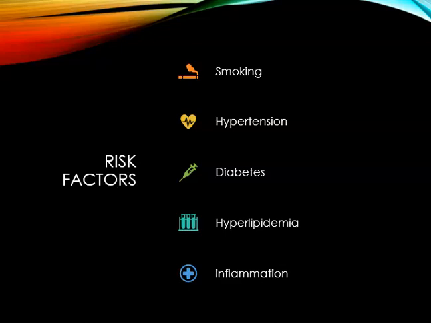So that means that if you're a male and you've had a heart attack at less than 55 years of age, then your children are going to be at higher risk. And the women that are at higher risk are the ones that go into premature menopause.